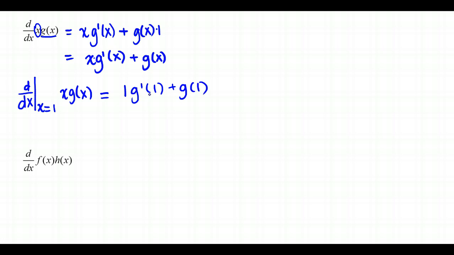And where do you get this information? From a table of values. So often there's a table off to the right that has x values listed here. So at x equals 1, the g of x function might be 5, and the g prime of x function might be -2.